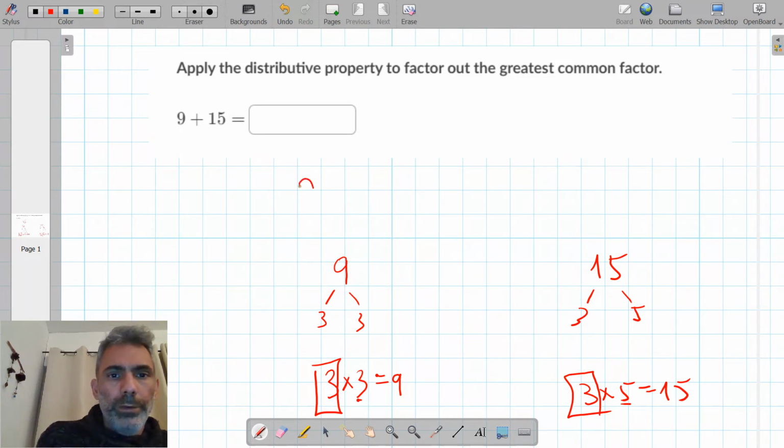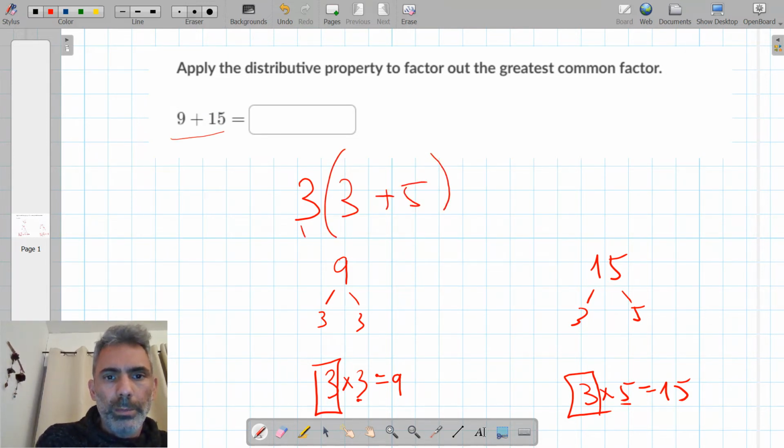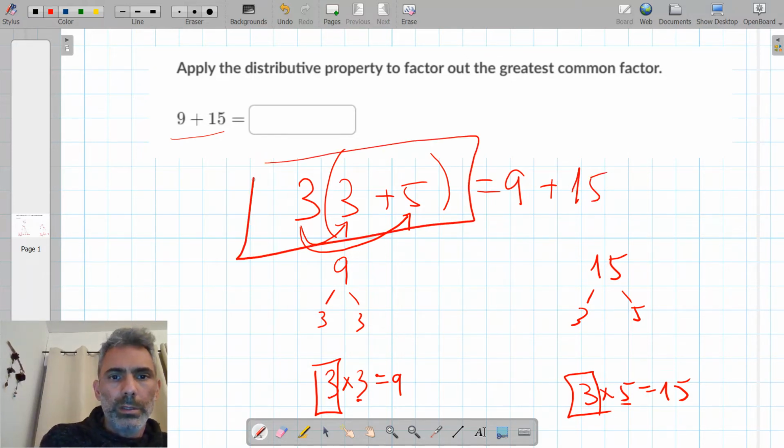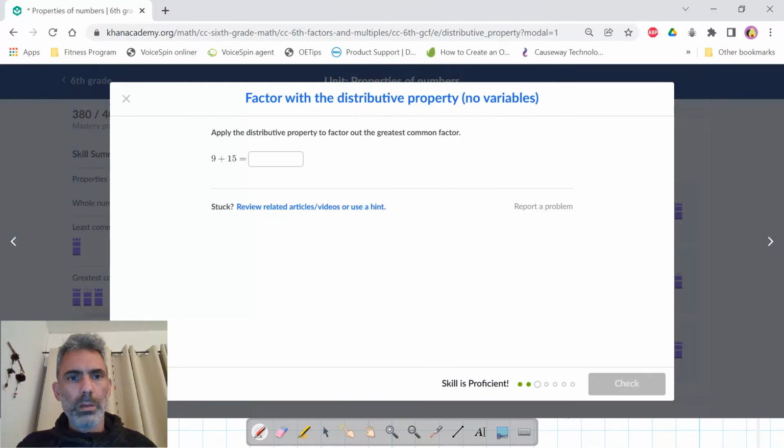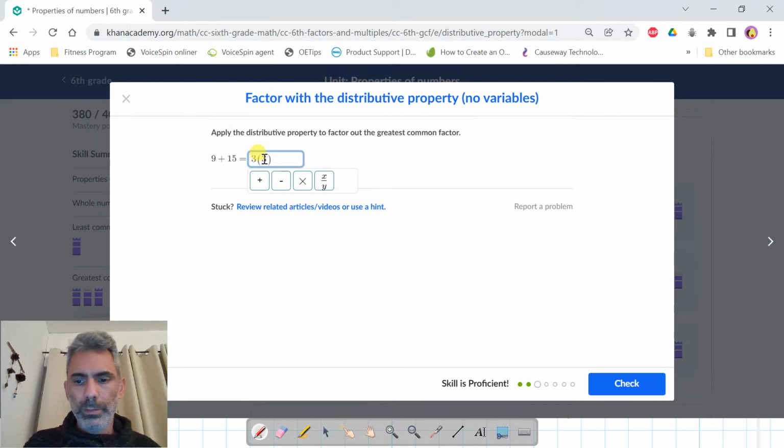Okay, so when I factor out this expression, I get 3 times (3 plus 5), and when I apply the distributive property to the 3, I get 9, and to the 5, I get 15. So this is the answer: 3 times (3 plus 5).